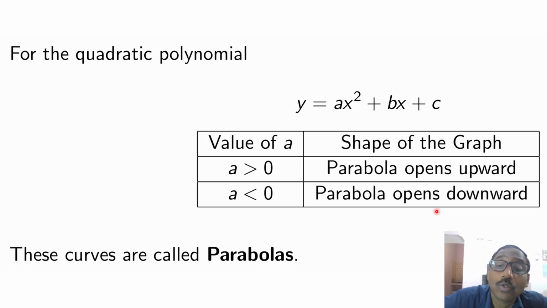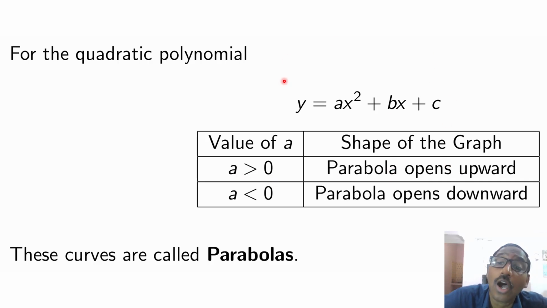So minus x square, minus 2x square, minus 3x square, minus 4x square, anything negative. If a is negative, the parabola opens downward. A greater than 0 means the parabola opens upward.